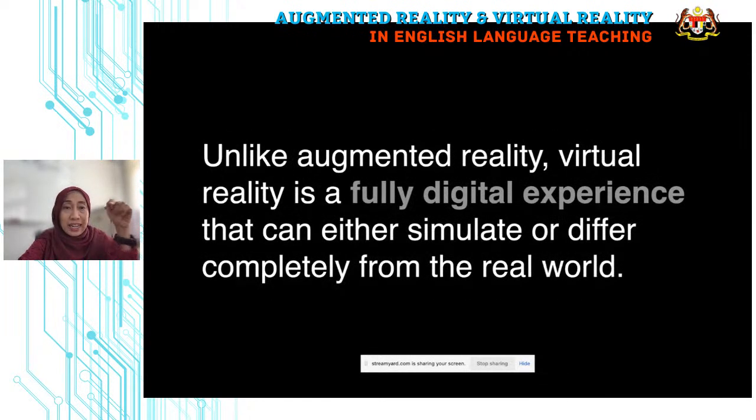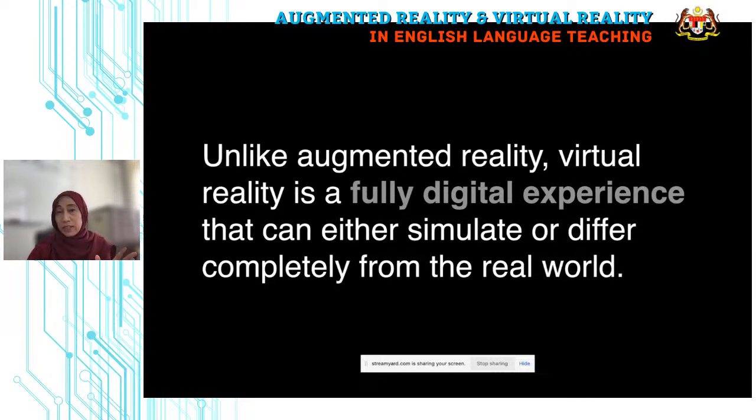Okay, unlike augmented reality, virtual reality is a fully digital experience that can either simulate or differ completely from the real world. If we recall the definition of AR, we are in the real world, it's just the images that are virtual. We have these overlay images onto the real world.